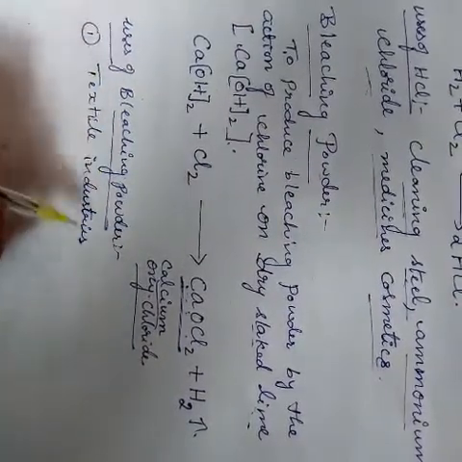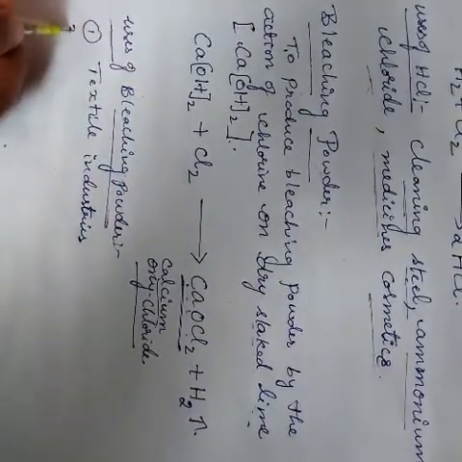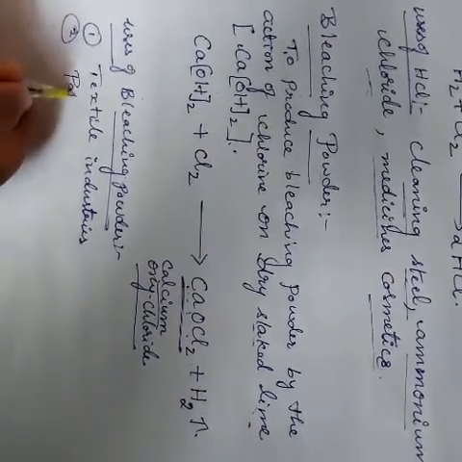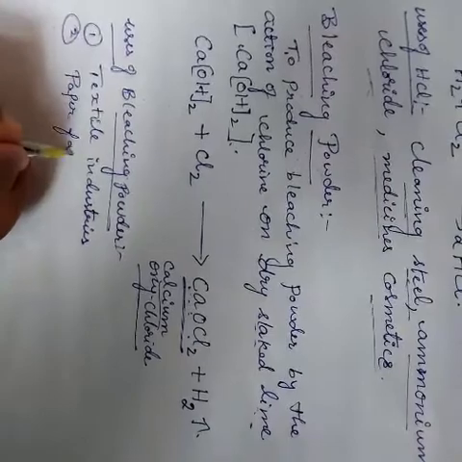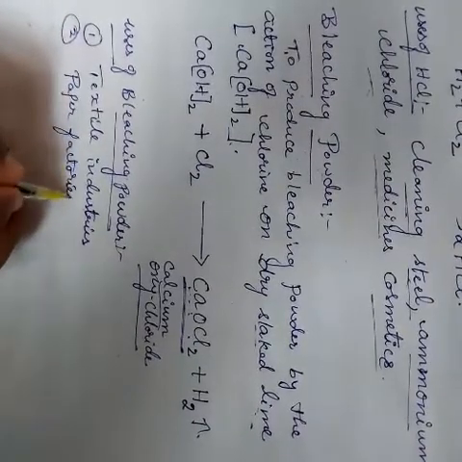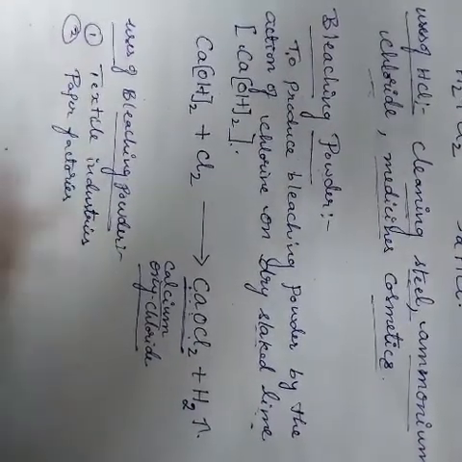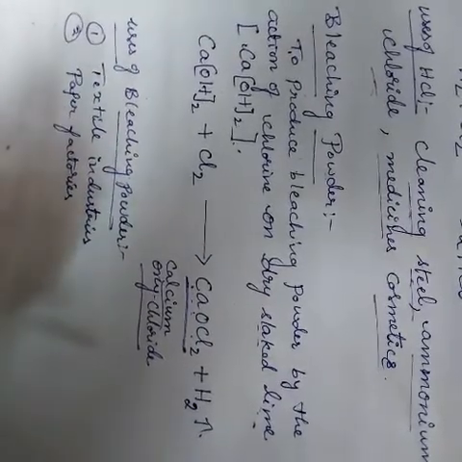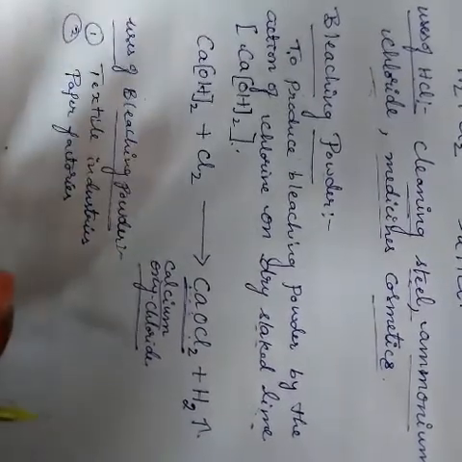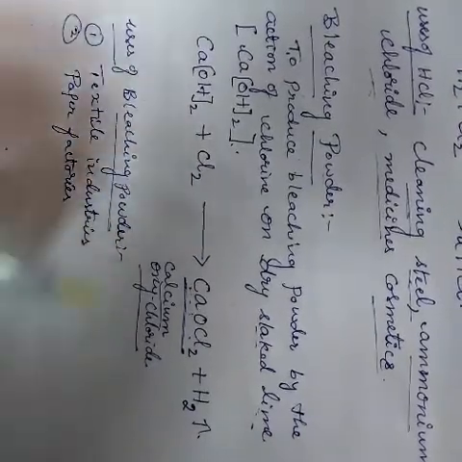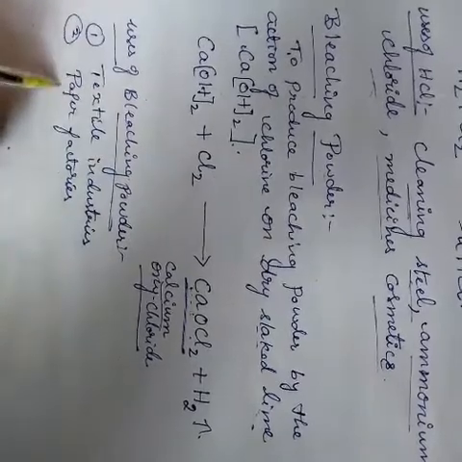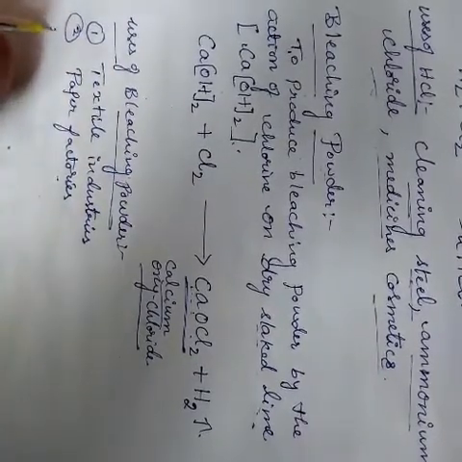So it is used in textile industries, and it is used in paper factories. It bleaches the wood pulp. Paper is made from trees, and the pulp in the wood is cleaned using bleaching powder, so it is used in paper industries.